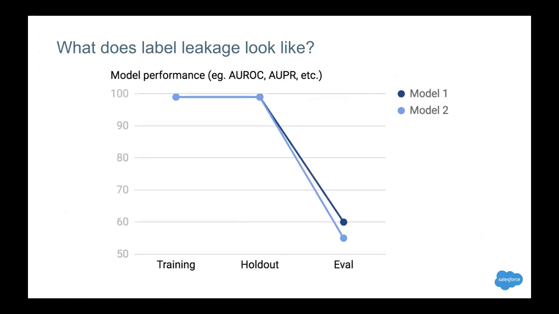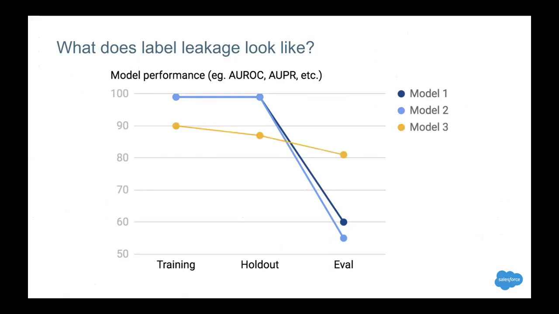Here's an example for the first problem, label leakage. Usually what we see is that when we train a model, it has very good performance on the training set. It might also have very good performance on the holdout set. But when we start evaluating it on actual data, the performance drops significantly.